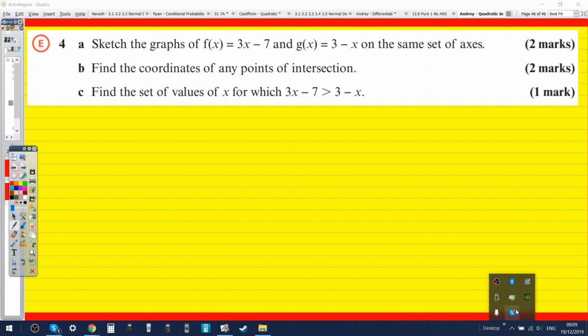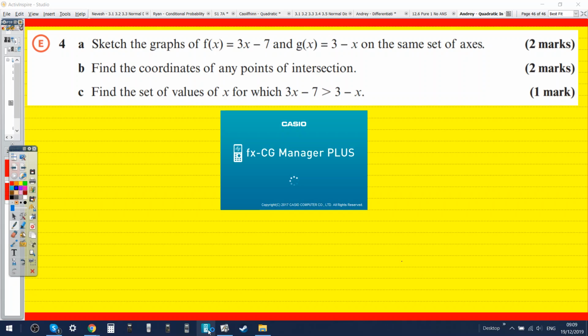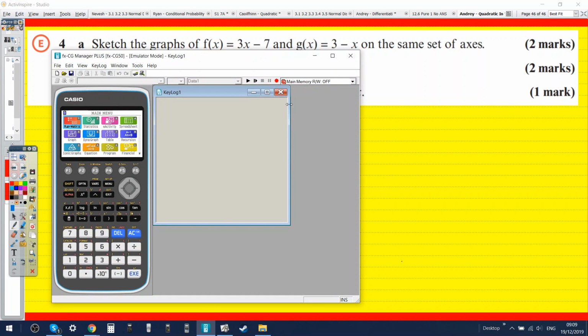Okay, so is this where my graphical calculator comes into play? Yeah. I'm still pretty weak with this. So do I just press 5 graph to do this?